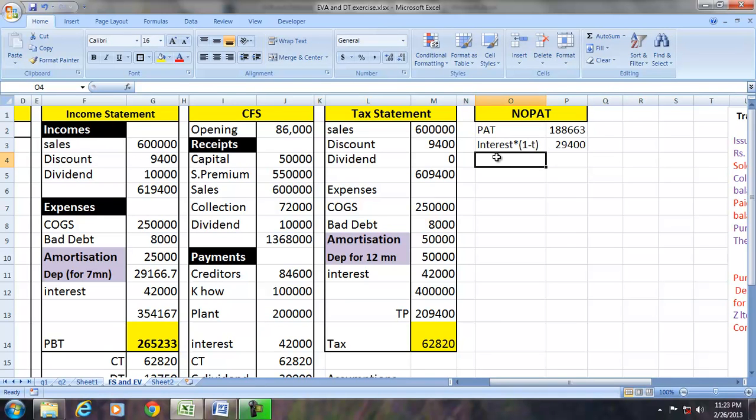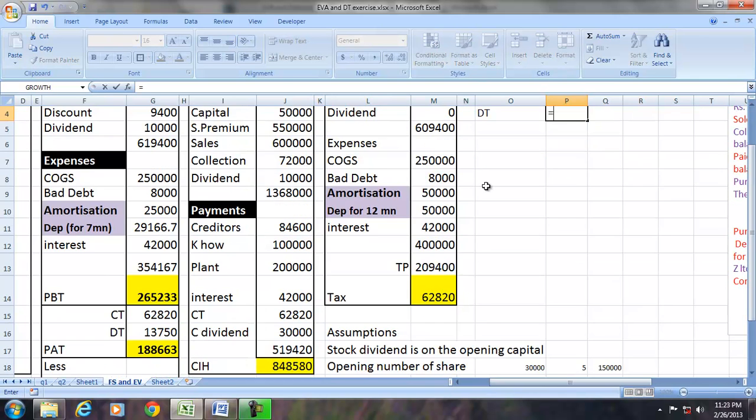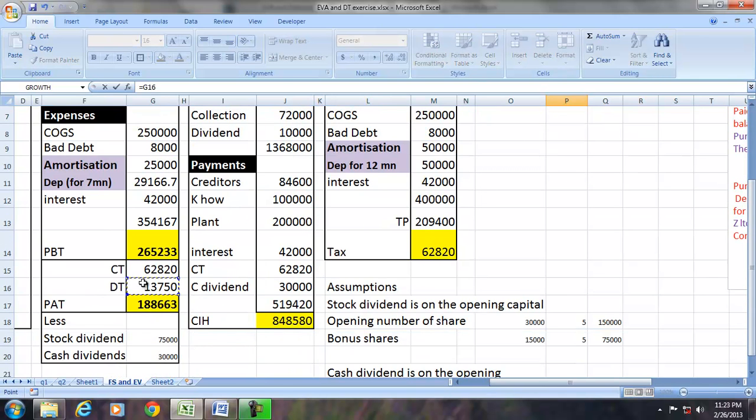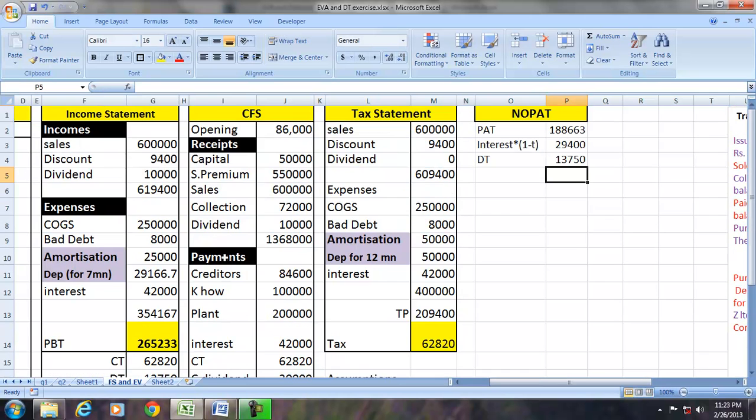We also take care of the accounting anomalies by removing the deferred tax. EVA recognizes only the current tax, so the deferred tax is not recognized. So the summation of PAT plus interest plus or minus accounting adjustments is the NOPAT, and here the accounting adjustment is deferred tax. So deferred tax is added back because it is an accounting adjustment, not an actual expense.